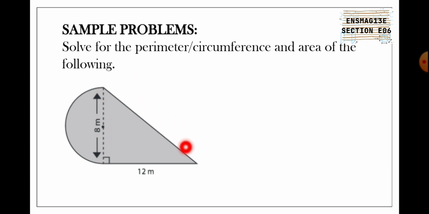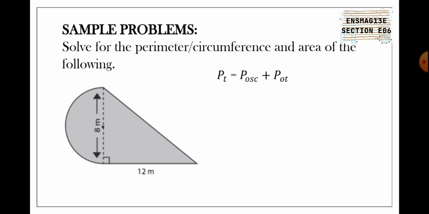To determine the total perimeter, that is equal to the perimeter of the outer boundary of your triangle and the outer circumference of your circle, giving us the equation: total perimeter equals the outer circumference of the semicircle plus the perimeter of the outer triangle.